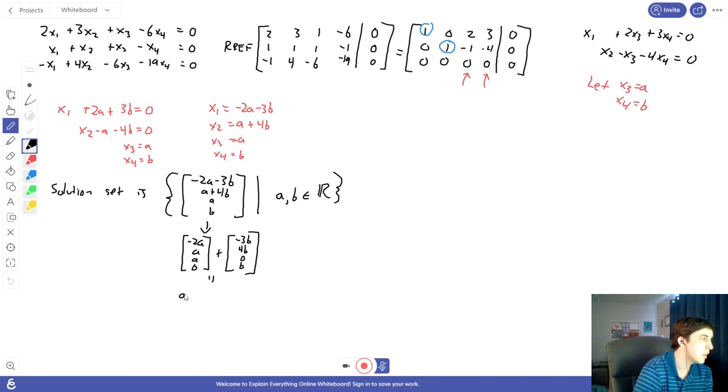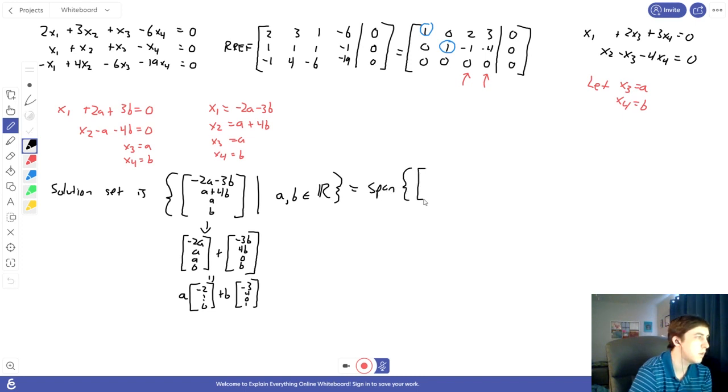That's the same thing as a times -2, 1, 1, 0 plus b times -3, 4, 0, 1. So our solution set is actually the span of these two vectors, -2, 1, 1, 0 and -3, 4, 0, 1.